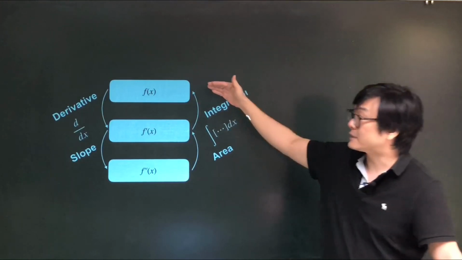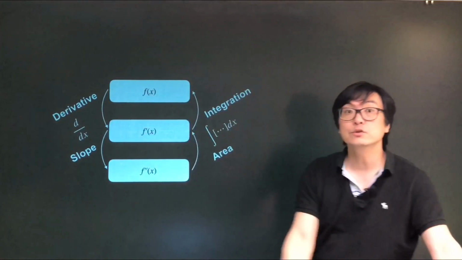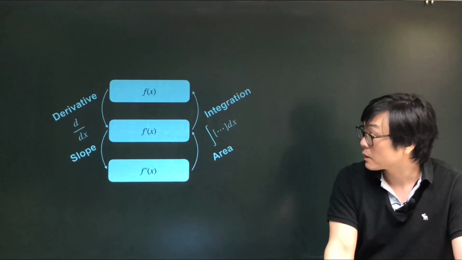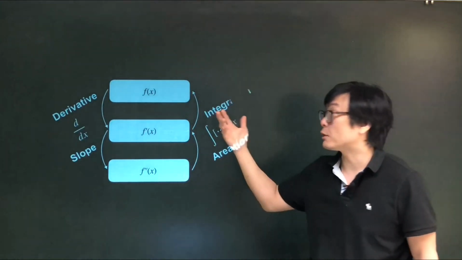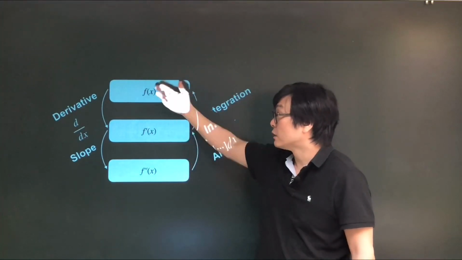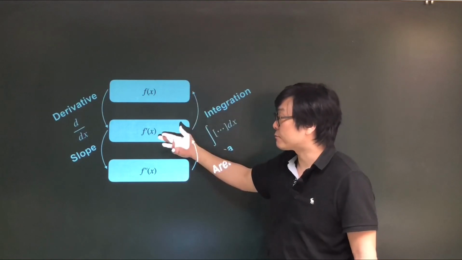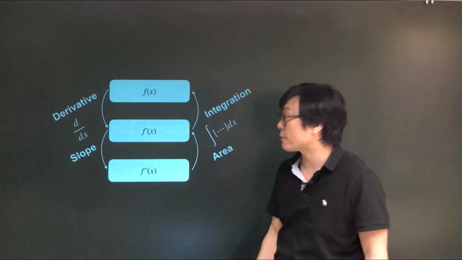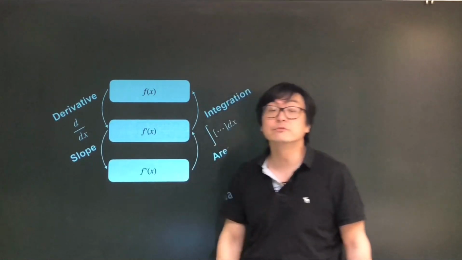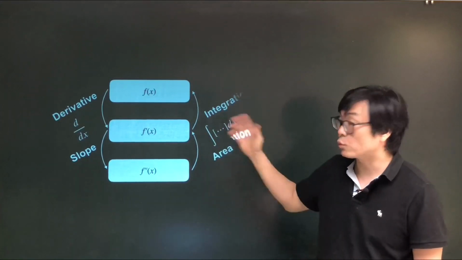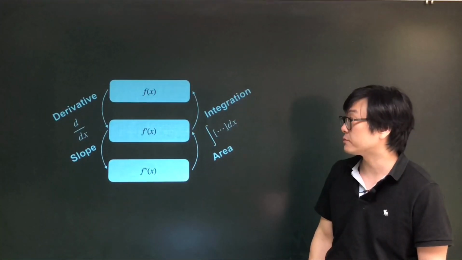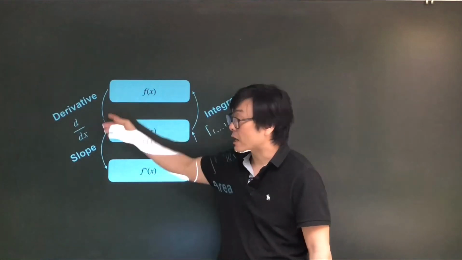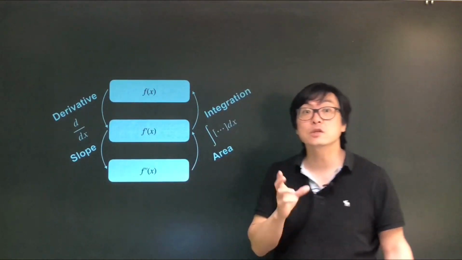If you want to go downstairs, you need to use differentiation. If you have an algebraic expression of f of x or f prime x, to go down from f of x to f prime x, or from f prime x to f double prime x, you need to take the derivative with respect to x or any independent variable for those functions. And if you have a graph, then you can use the slope.